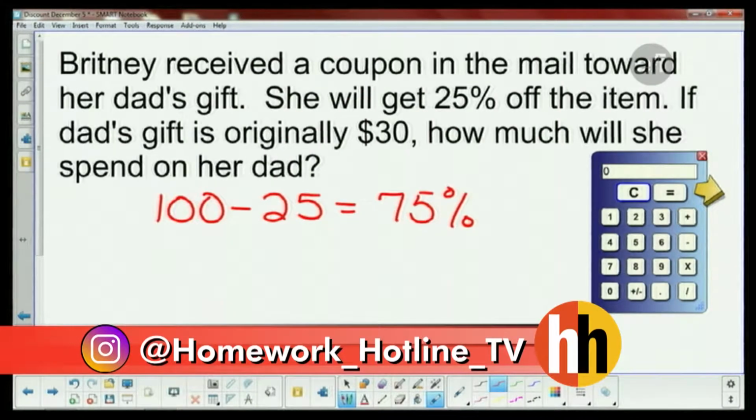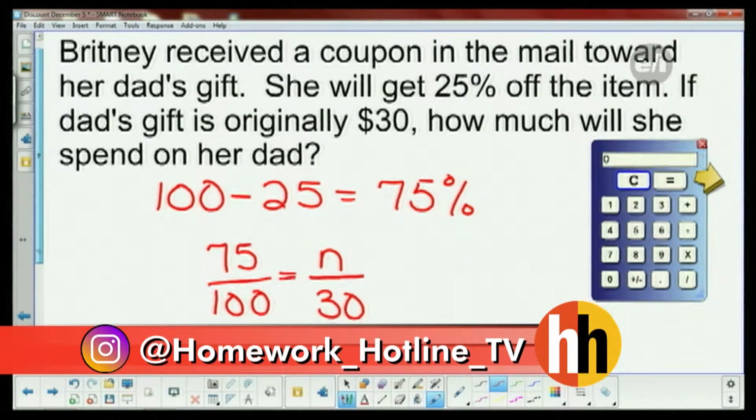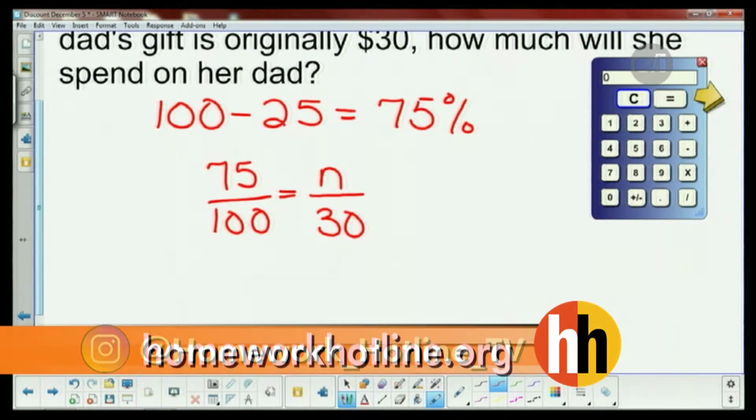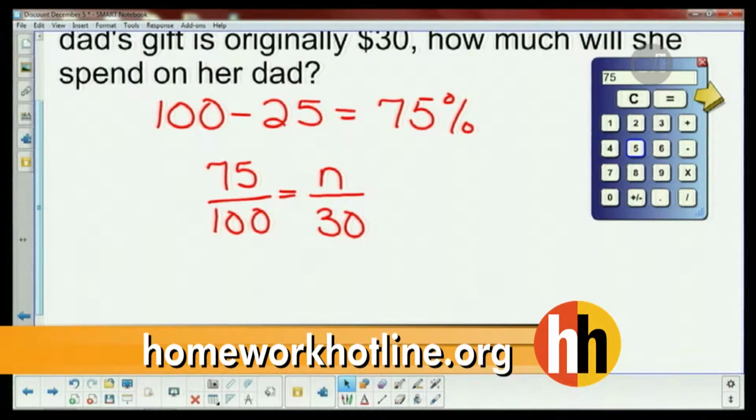So how much is she going to spend on her dad? Well, let's see. I'm going to set up the proportion. 75 over 100 is equal to N over 30. Okay? So now what we're going to do is we cross multiply. I have the calculator here to do it a little quicker. So 75 times 30 is 2,250.